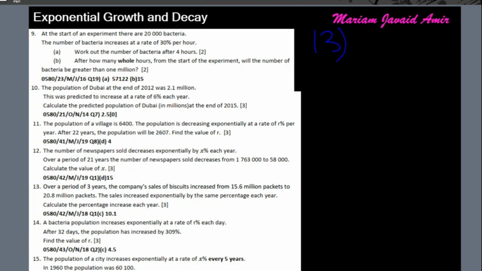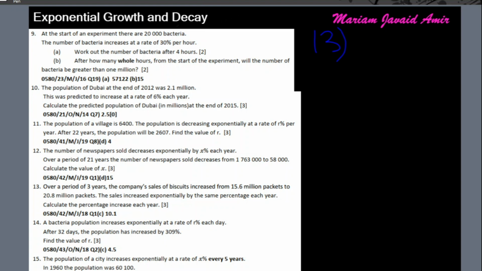Over a period of 3 years, the company's sales of biscuits increases from 15.6 million packets to 20.8 million packets. The sales increase exponentially by same percentage each year. Calculate the percentage increase for each year. Alright.